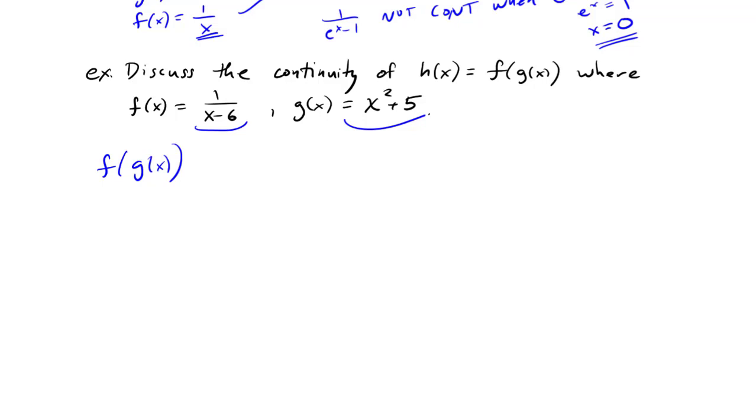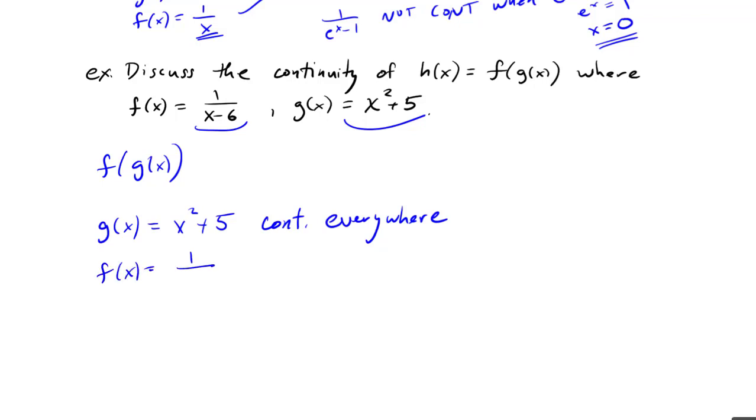So let's look at g of x, which is x squared plus 5. That's continuous everywhere. f of x, which is 1 over x minus 6, is not continuous at x equals 6 only.